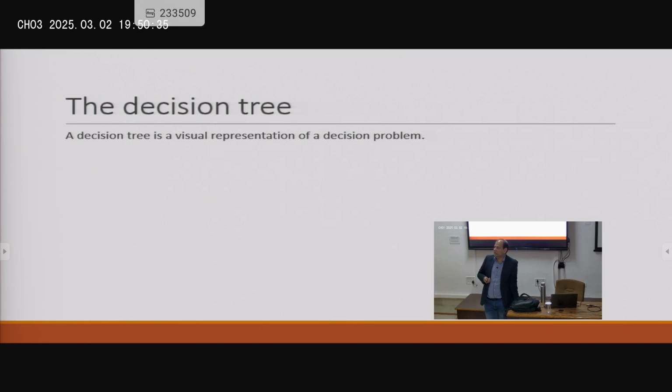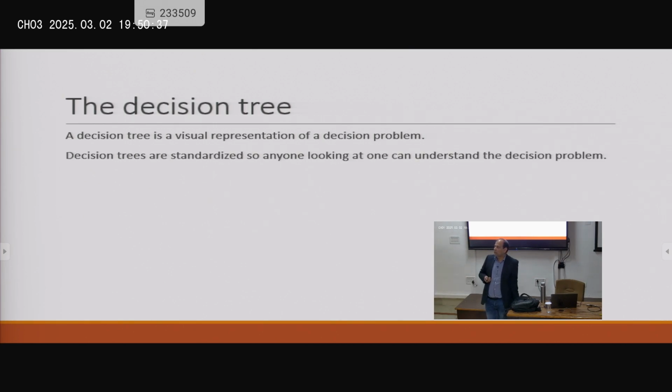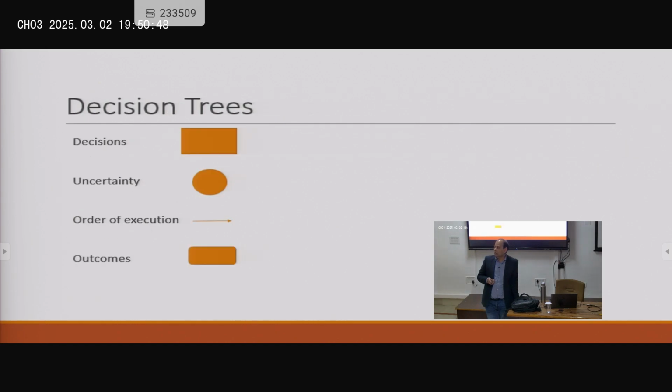Goes without saying. They're standardized, so anyone looking at them can understand what the decision is. Okay, so a decision tree has four elements: decisions, uncertainties, arrows, and outcomes. Decisions we always show with rectangles or squares, and uncertainty is a circle or oval.